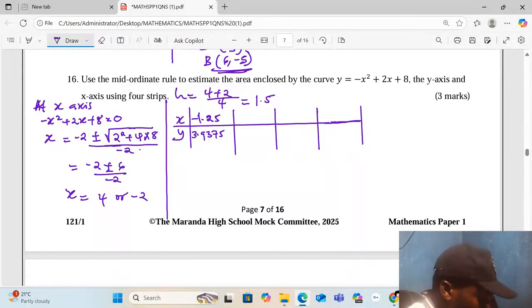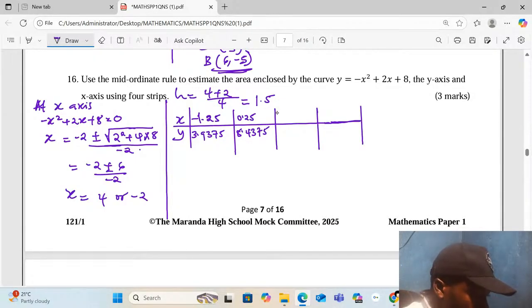Then we go to the next one, 0.25, replacing in the equation. So the value of y here will be 8.4375.